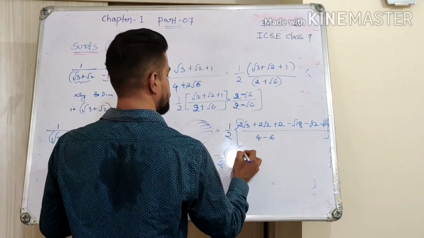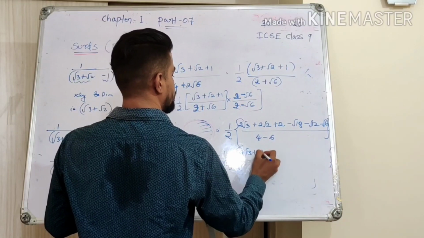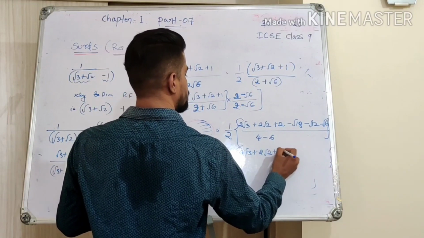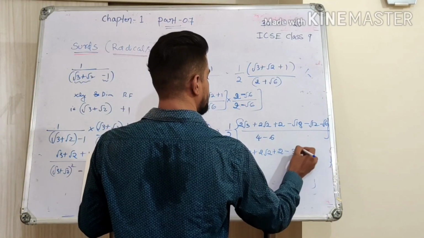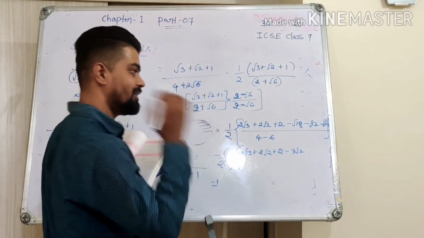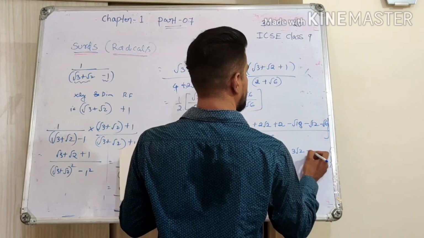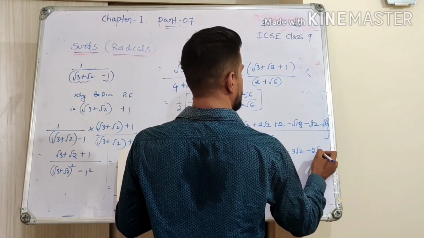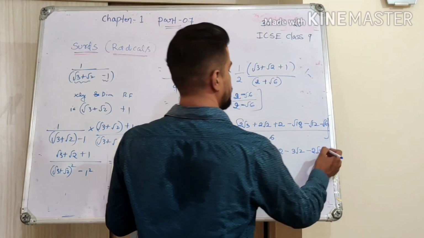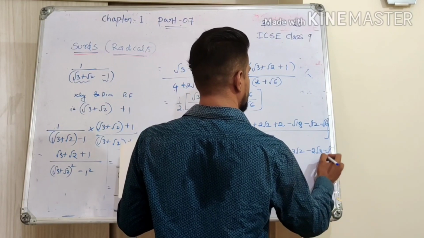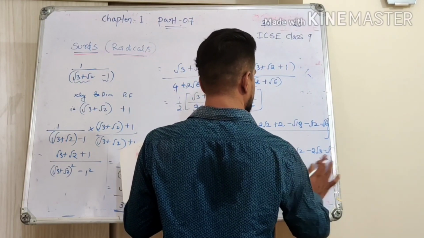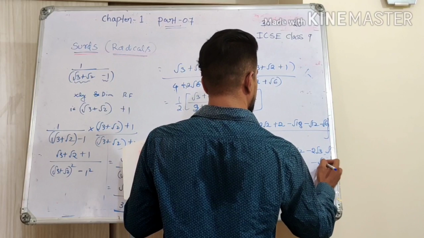2 root 3 and 2 root 2 plus 2, and this can be written as 3 root 2. So because 18 is nothing but 9 into 2, so 9 can be taken outside the root, it becomes 3, and 4 root 4 can be taken outside to become root 2 root 6, and finally root 6. That's it, minus root 6.